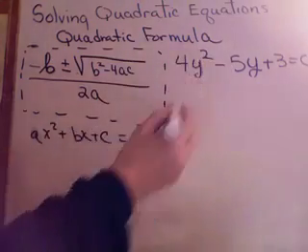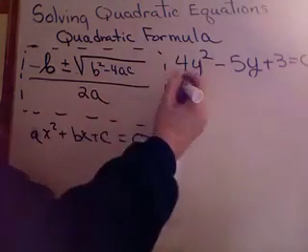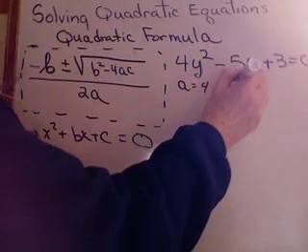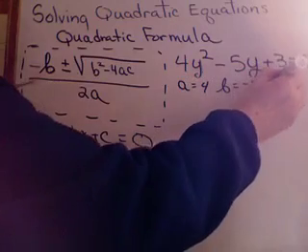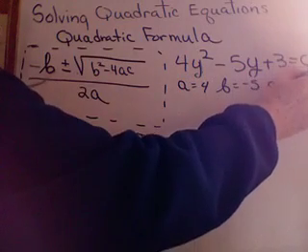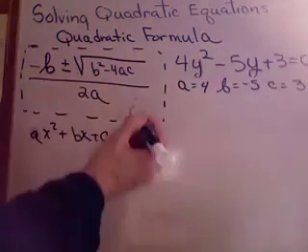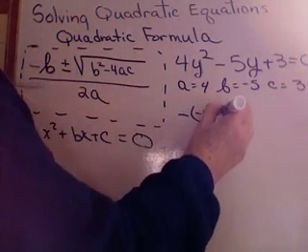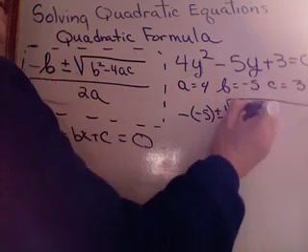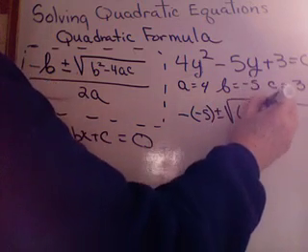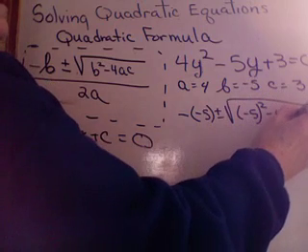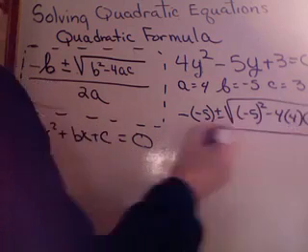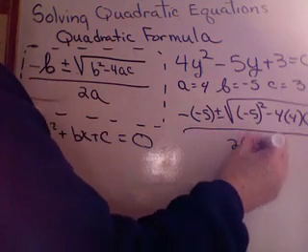4y squared minus 5y plus 3. Again, identify a, b, and c first. A equals 4, b equals negative 5, c equals 3. So, first step, minus b plus or minus square root b squared minus 4 times a times c all over 2a.